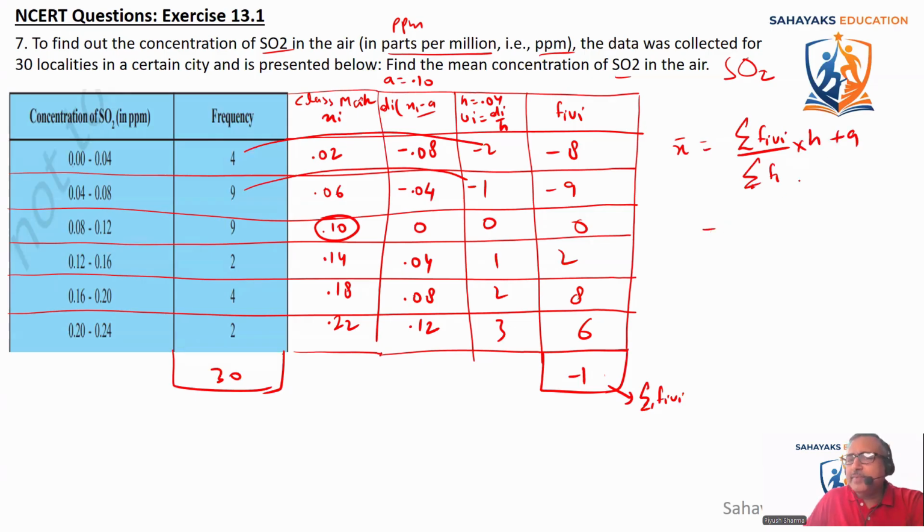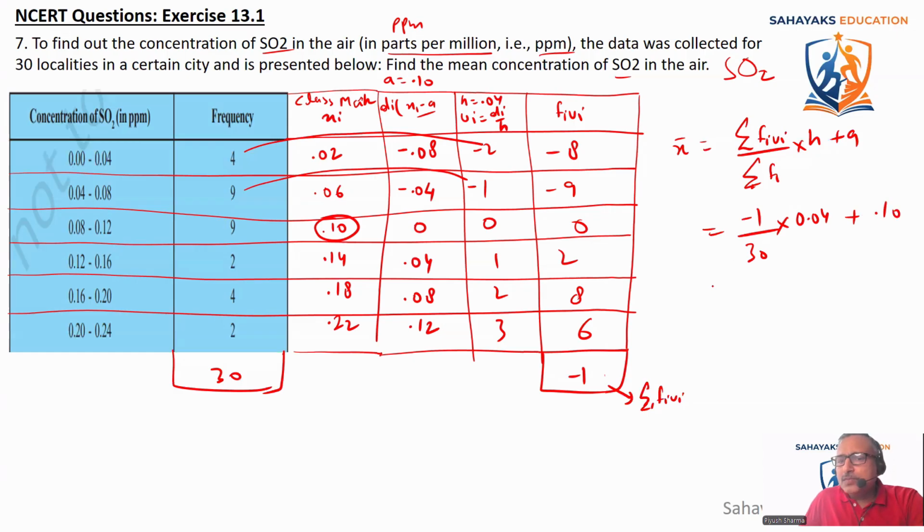Same formula every time. Sigma fi ui comes out to be minus 1 divided by 30, and h we took as 0.04 plus a. The value of a we considered as 0.10.